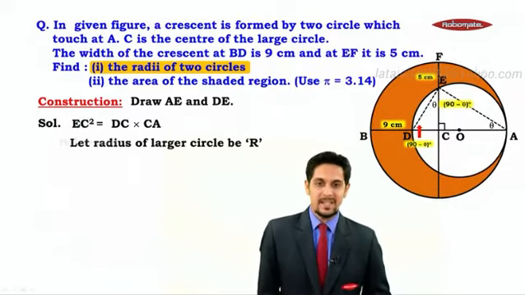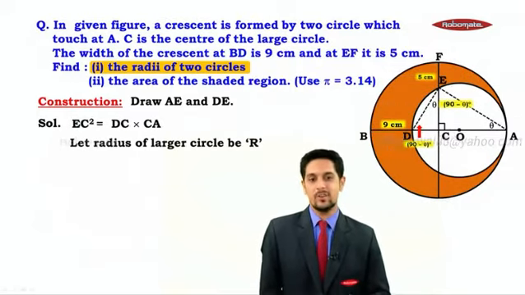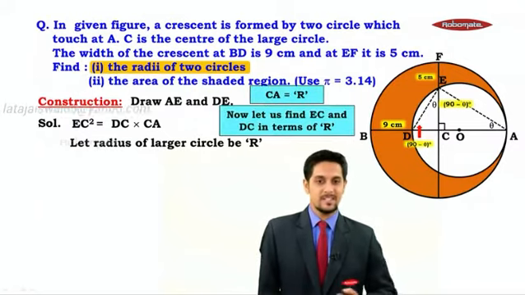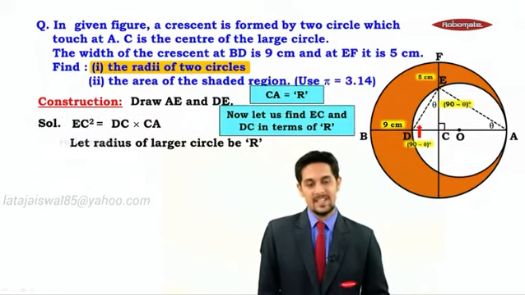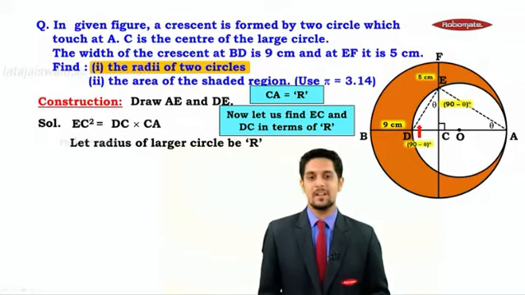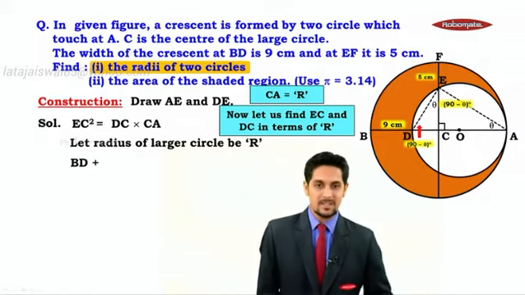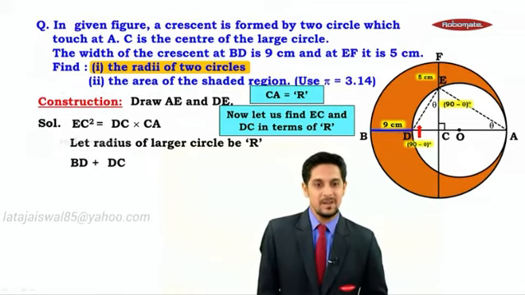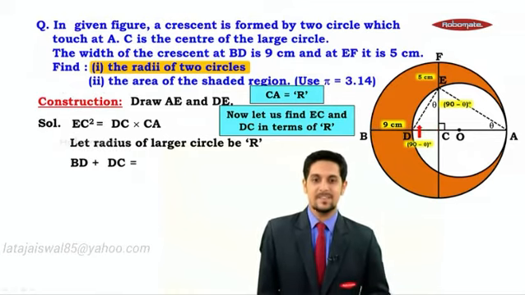Now let the radius of the larger circle be denoted by capital R. That means CA will be equal to R. Also students, let us now find EC and DC in terms of capital R so that we get the radius of the bigger circle. So let us focus. If you observe, BD plus DC will give us BC.